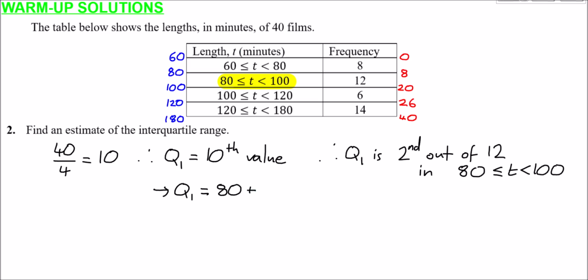We're now going to add in this fraction, 2 out of 12, of the width of this class. So plus 2/12 of, from 80 to 100, that's 20.